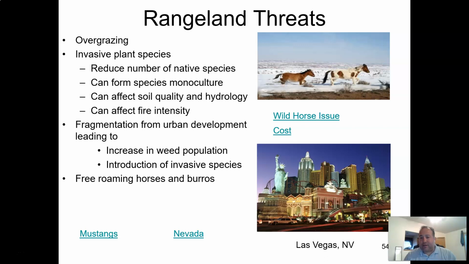What I want you to understand, though, is I'm not an anti-horse guy. I'm a guy who's gone and ridden horses down in Arizona, where I've looked over some of these rangelands while on horseback, and I find that to be a beautiful thing.